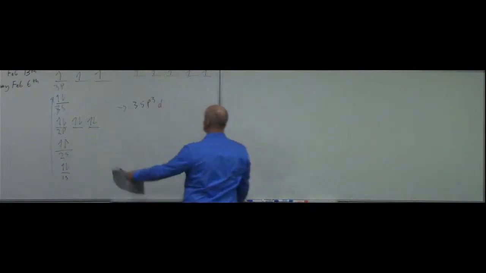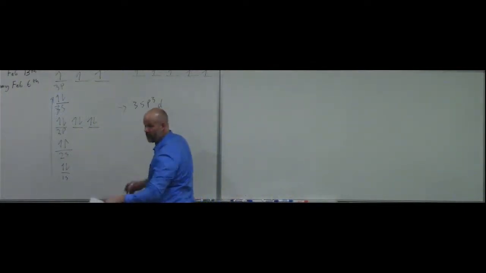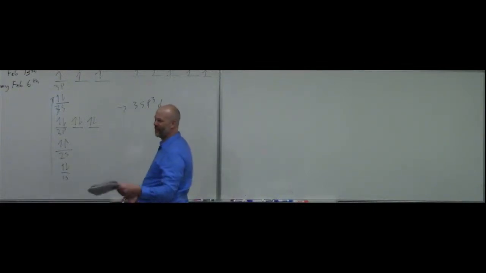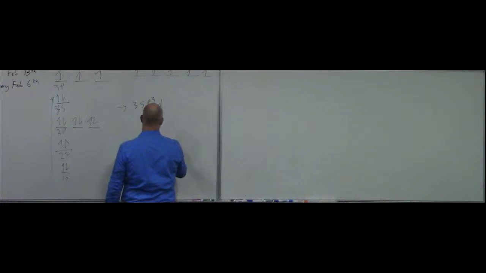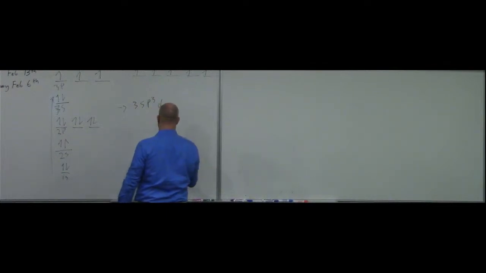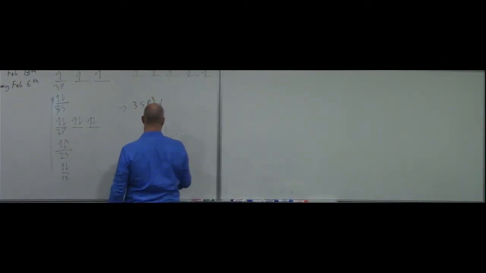Okay? And so when we have that, what shape is that going to produce? Trigonal bipyramidal. Yeah. Okay, so that's going to look like, we're going to come out here, right? And we're going to go up, we're going to go down, and we're going to go back, right? We're going to come out here, and we're going to go back here, right? 1, 2, 3, 4, nope, that's not right.